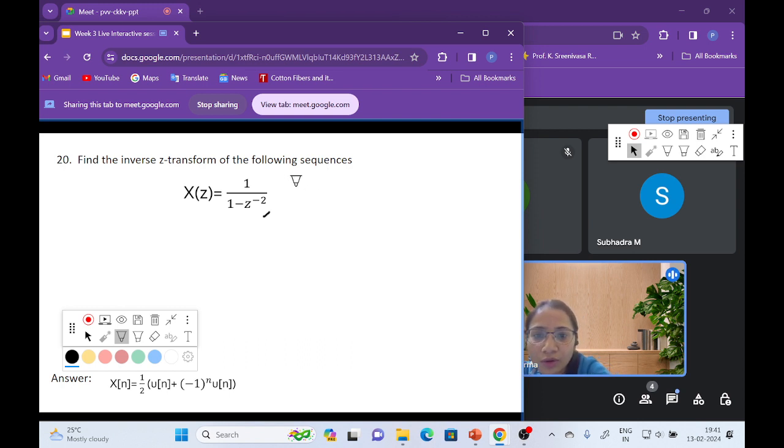First we try to write it in the other form also. You can write 1 minus z inverse and 1 plus z inverse.